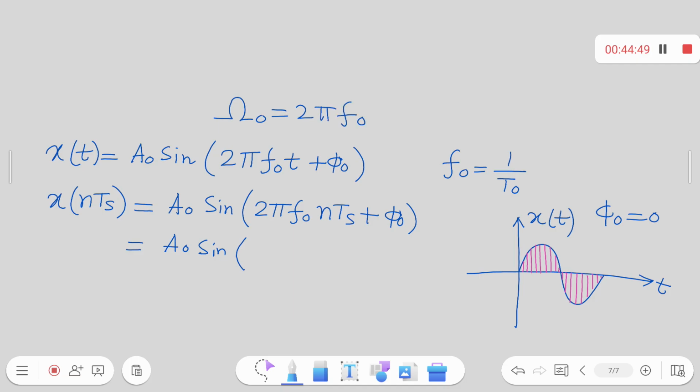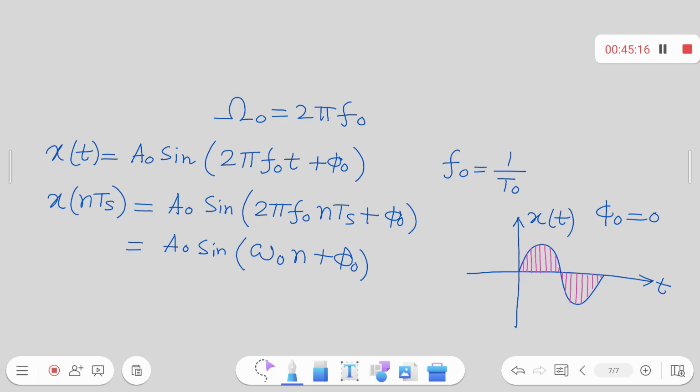So I can write A sine omega naught nTs plus phi naught. What about the discrete time counterpart? If you have A naught sine omega naught t plus phi naught, what will be the discrete time counterpart? A naught sine some small omega naught n plus phi naught.